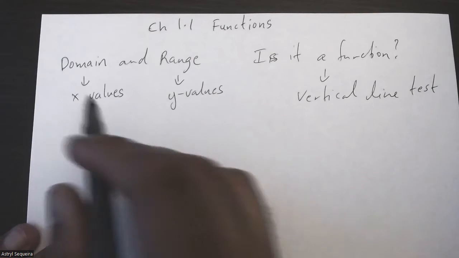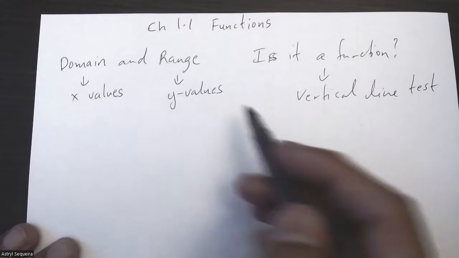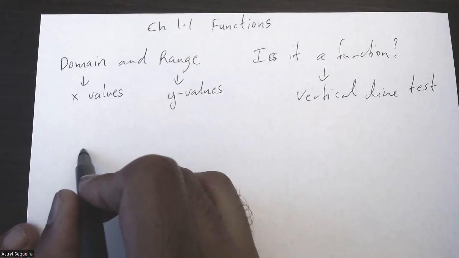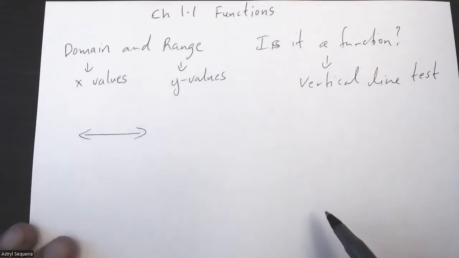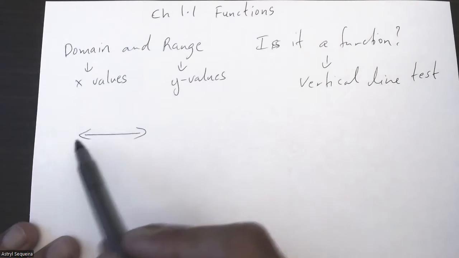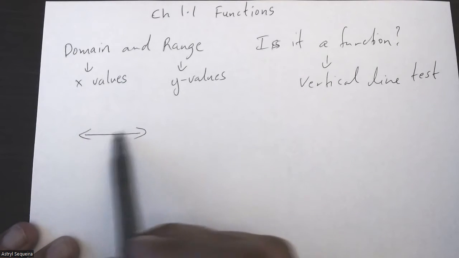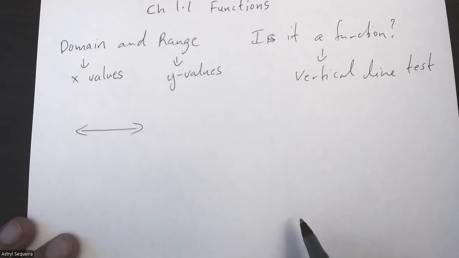So domain is your x value. So let's say, for example, you have three possibilities of your domain. I'm only going to do this in one dimension right now, so we're not going to do range, but the same rules apply for range. You can have a condition like this where you have the graph going to the left forever and then the graph going to the right forever.